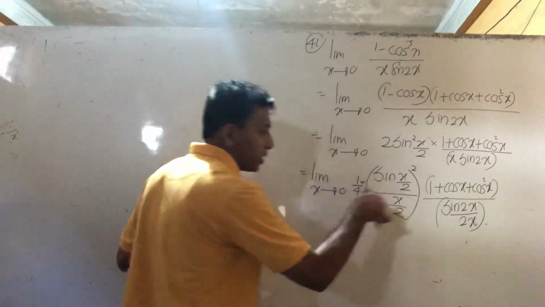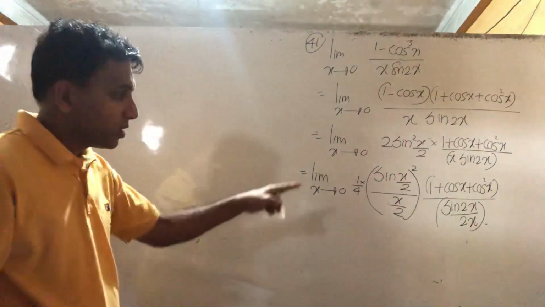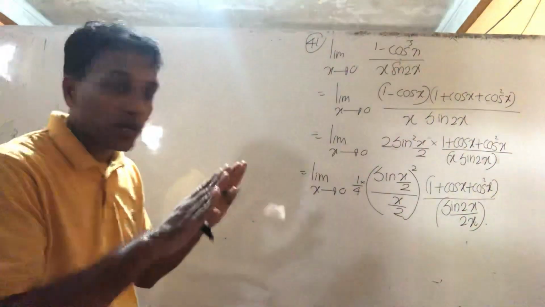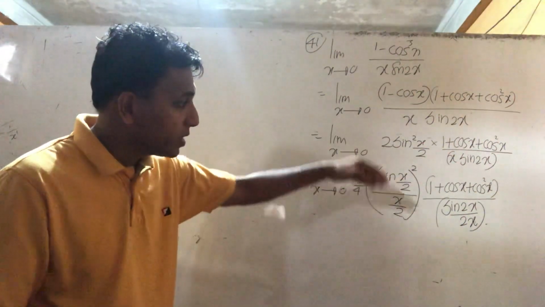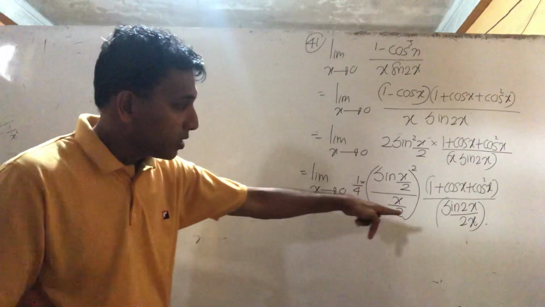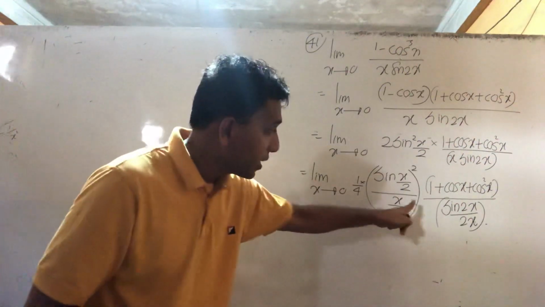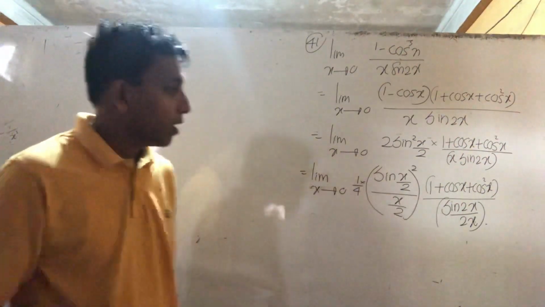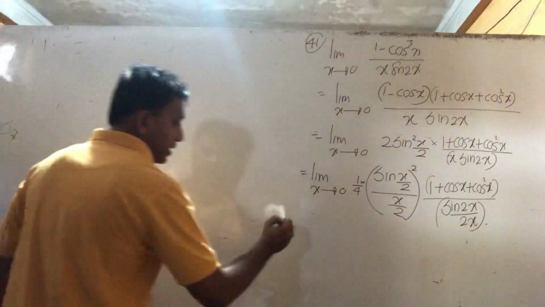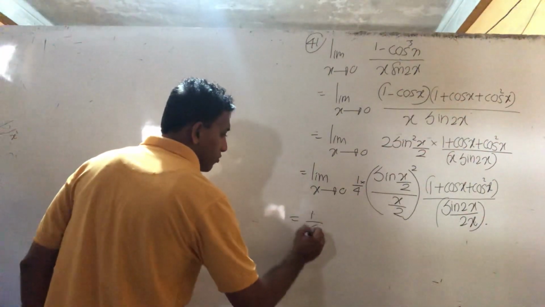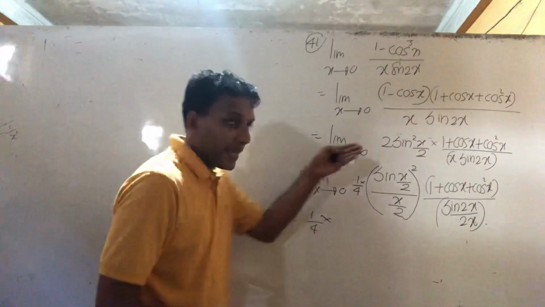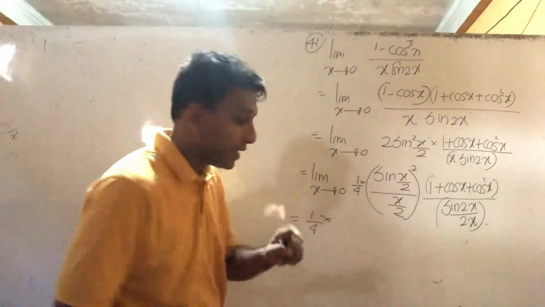Recheck it properly. Here 1 over 4, everything is okay, right? Sine 2x available, sine square x by 2 available, the 2 available, x square, here x cancels. So the answer is 1 over 4, and sine theta over theta answer is 1.